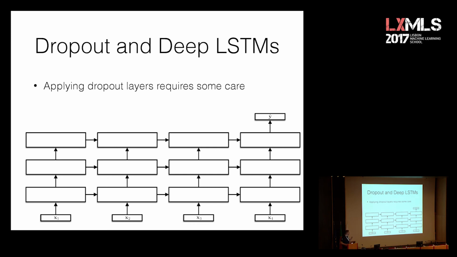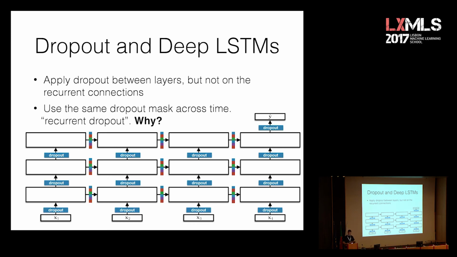But if you drop out across time, eventually, with very high probability, you're going to have forgotten everything from the past. And since we want to use memory, this is not good. So what we usually do is apply dropout between the layers, but not on the recurrent connections. However, we can use what's called recurrent dropout across time, but the trick is you have to use the same dropout mask at every time step.